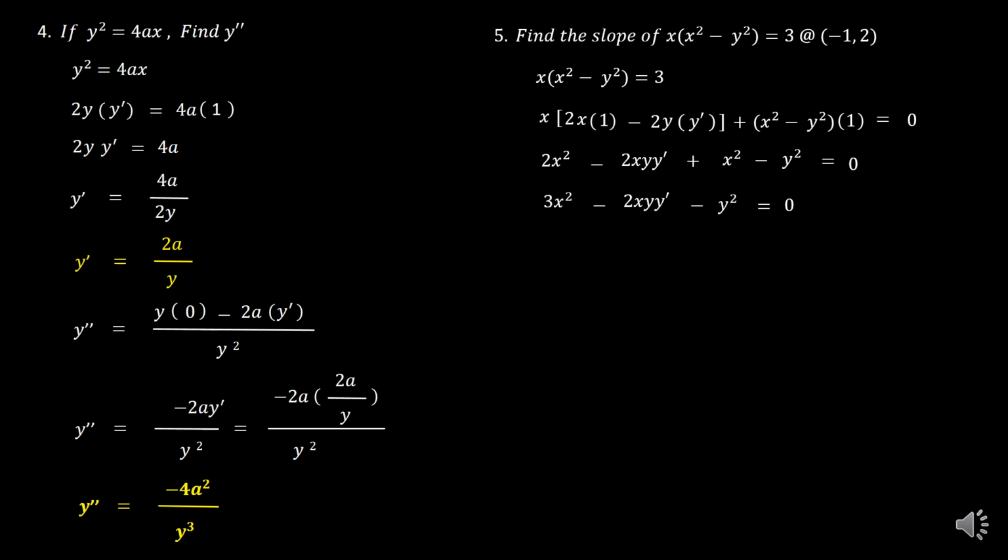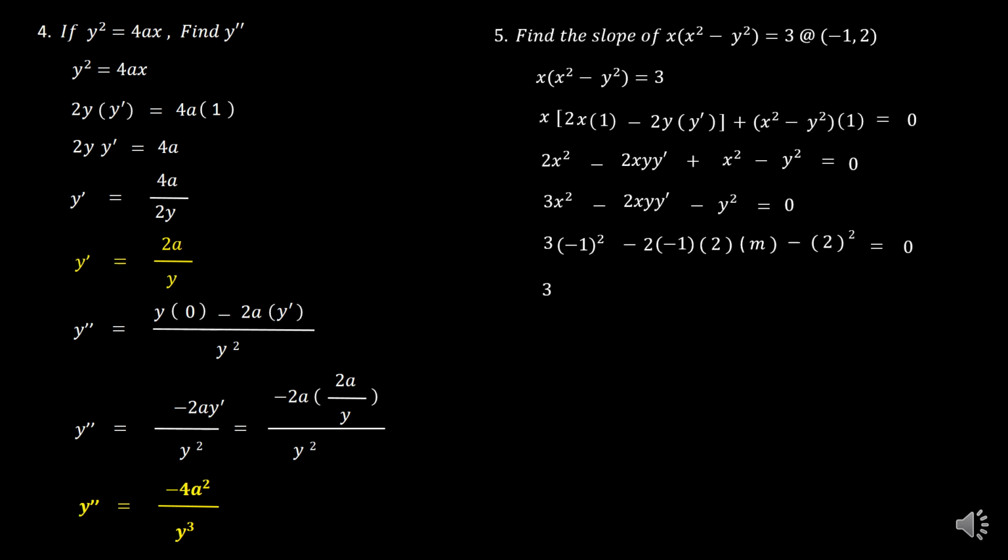Therefore, x equals negative 1: 3 times negative 1 squared, minus, copy 2, multiplied by the value of x, which is negative 1, and the value of y, which is 2, and the value of y', which is the slope denoted as m, minus the value of y, which is 2, equals 0.